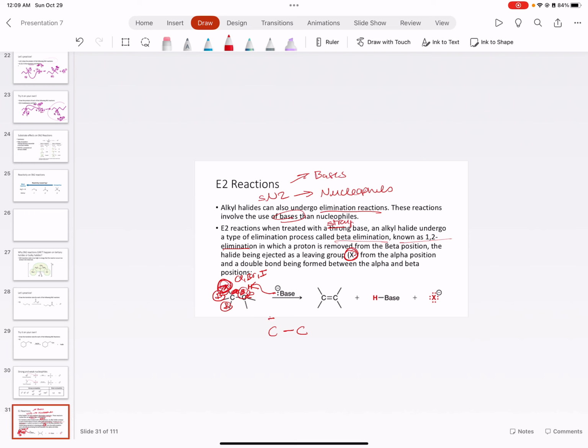So then this carbon will be positive. Here I have carbon, carbon, carbon 1, 2. Since we already know that there are carbons in there, we don't make it too complicated.